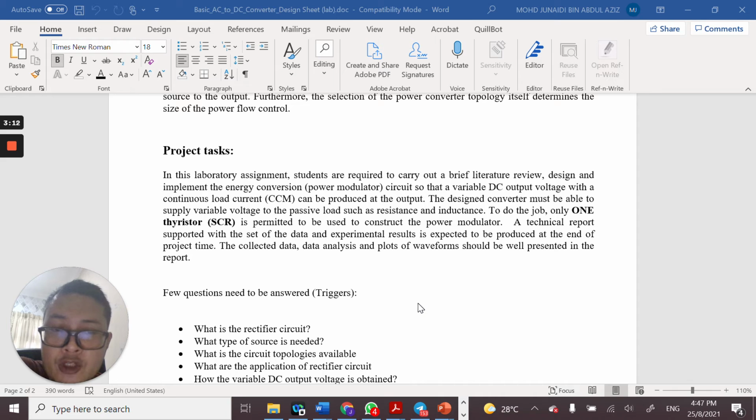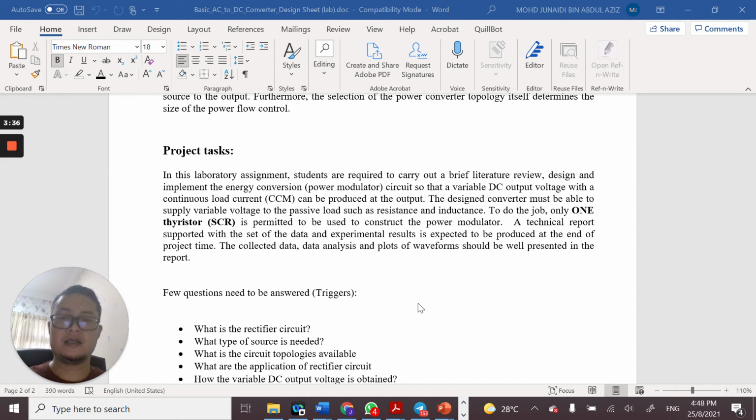So you need to prepare a technical report, supported with a set of data, and we will supply to you the experimental results due to this COVID-19. So it is expected that your simulation data matches the experimental data.